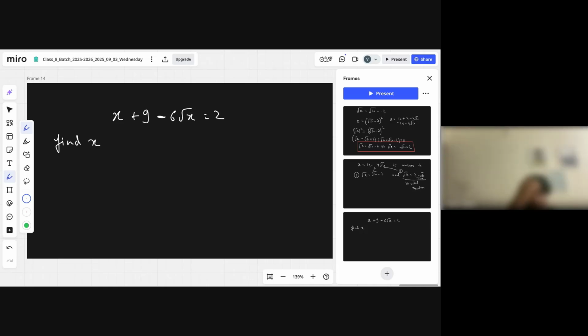Abhiram, it's wrong because this is not the whole square of root x plus 3. Think. So that's minus. Okay. Anish, correct? Okay, sir.